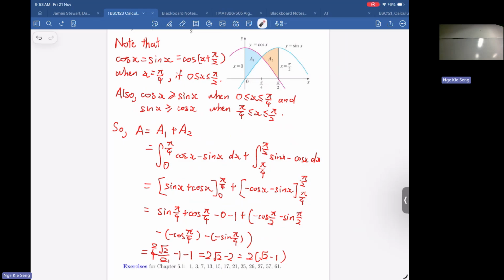It's the same. Where is the same? Based on the calculation, it's the same. This one? This one?